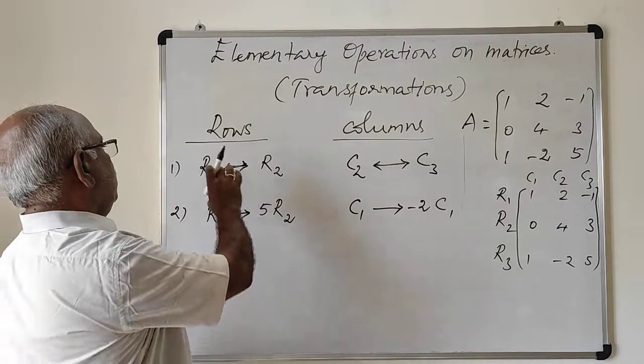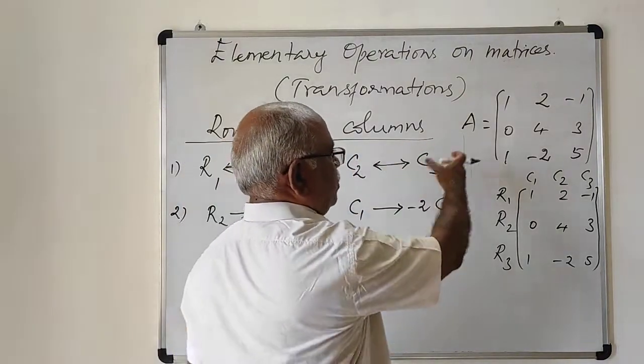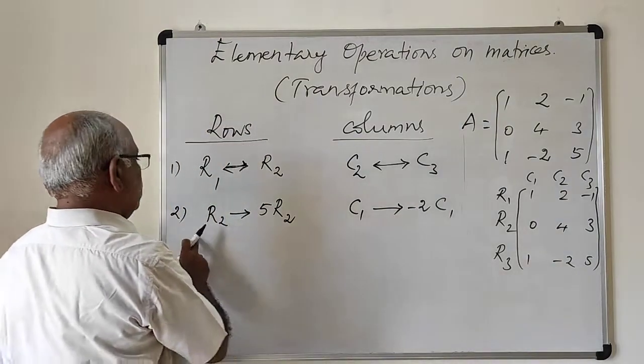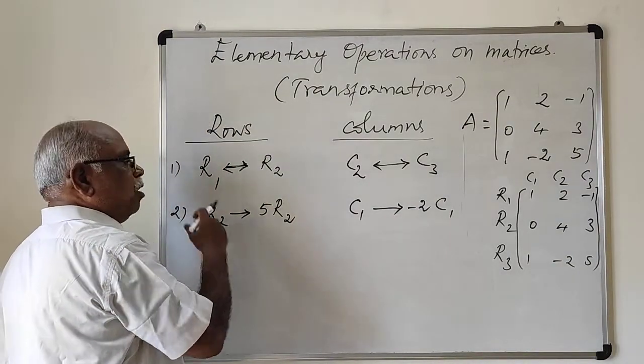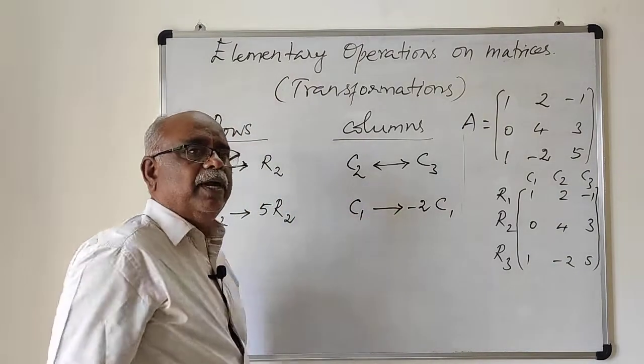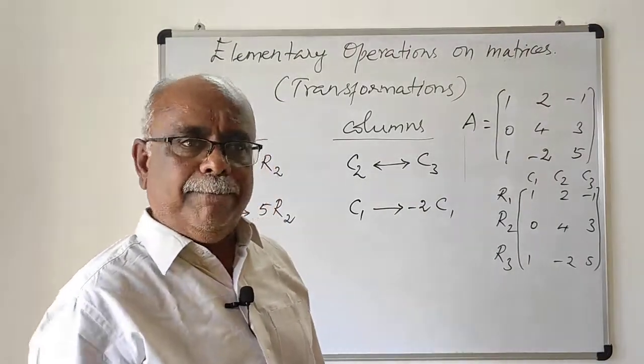The transformations are, first set: any 2 rows or any 2 columns are interchanged. The second one: the elements of any row or column are multiplied by a non-zero number.